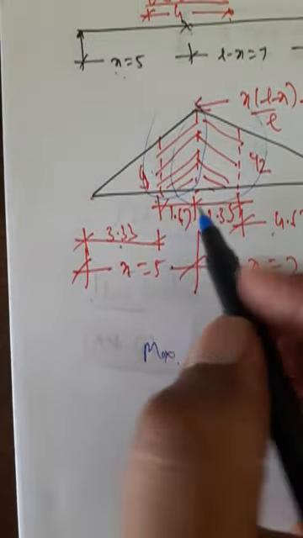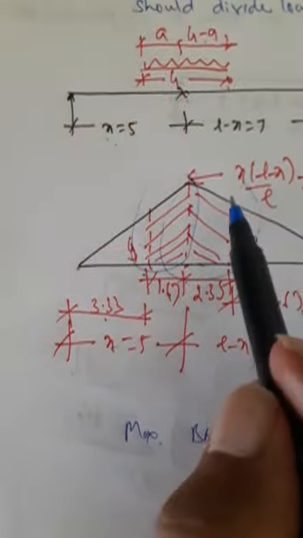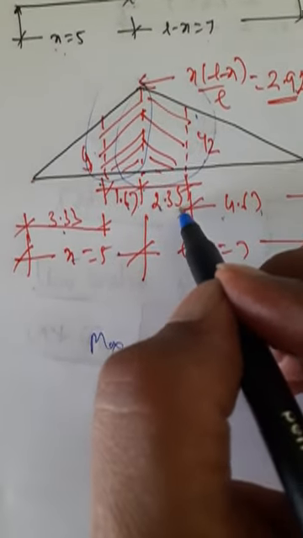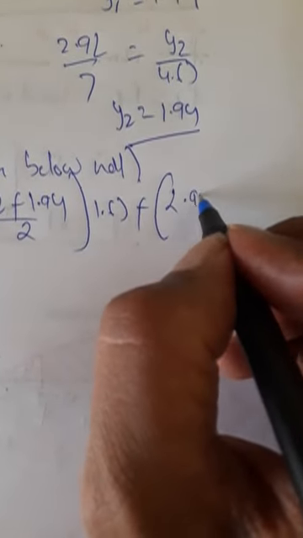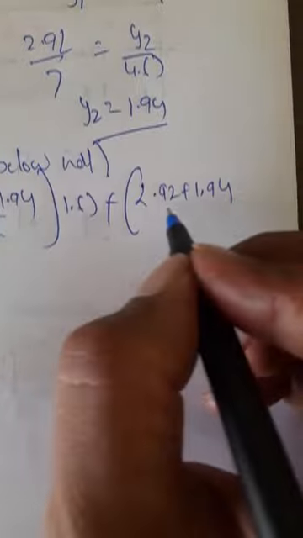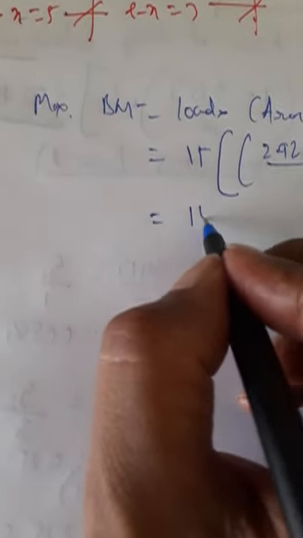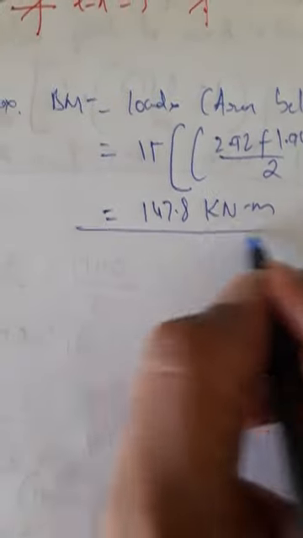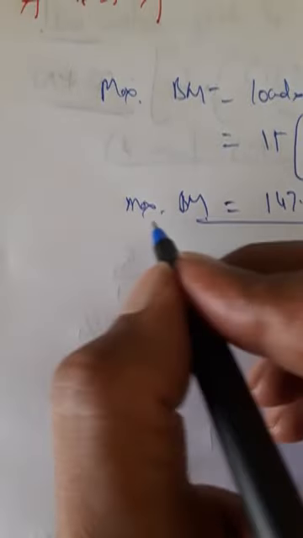This span is 1.67 plus average height. So 2.92 plus y2 divided by 2 into 2.33. 2.92 plus 1.94 divided by 2 into 2.33. So solving this, you get the value 147.8 kilonewton meters. So this is maximum bending moment at the required section.